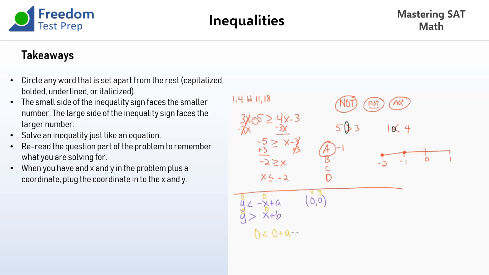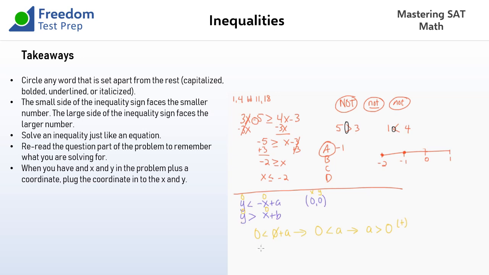Another way of saying that is we can just get rid of that 0, so 0 is less than a. And as I told you before, you always put the variable first, and then we switch around the sign so that the large side of the inequality is facing the a, and we get a is greater than 0, or this is going to be a positive number.